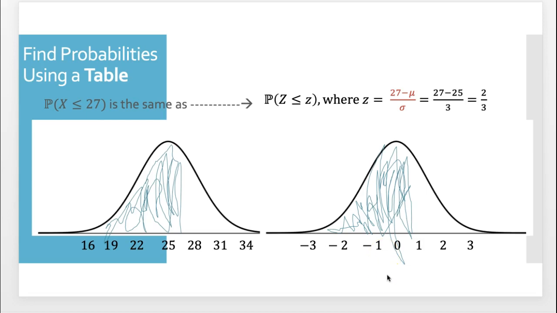If you ever see the word standard before normal, it's telling you that the mean is 0 and the standard deviation is 1. If you want to find standard normal probabilities in StatCrunch, by default it already has 0 for the mean and 1 for the standard deviation, so it has already given you the standard normal model.